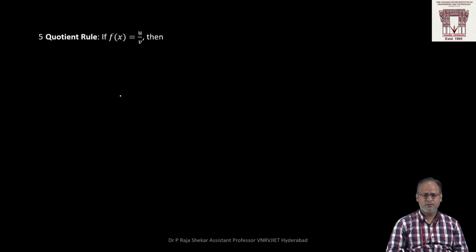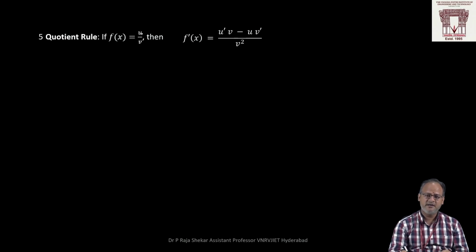And one more popular result or formula that we're gonna use here in differentiation is the derivative of u by v. What do we call this? Quotient rule. So if f of x is in the form of u by v, then the derivative of f of x is nothing but v into u dash minus u into v dash divided by v square, u being the numerator, v being the denominator.